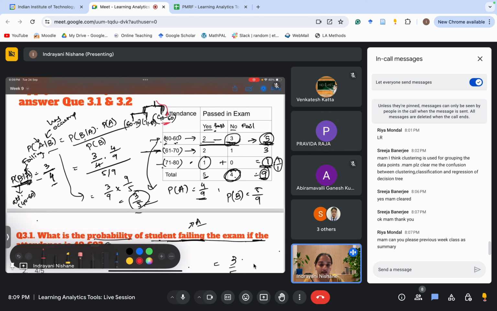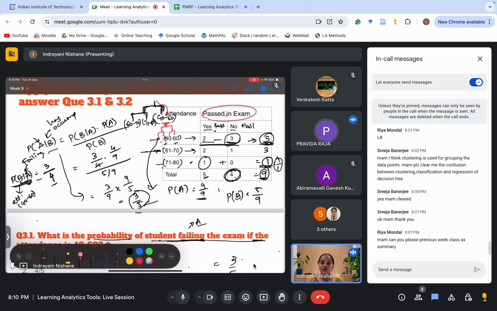At this point we will evaluate the relationship between performance in their project, whether they have scored 10 out of 10 or 5 out of 10. Based on that, further branching will happen for prediction of pass and fail.